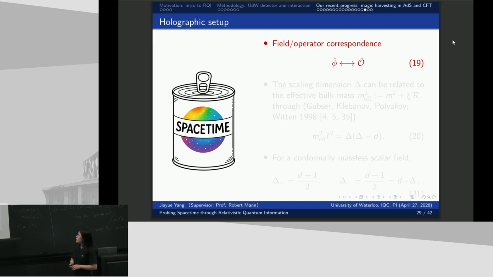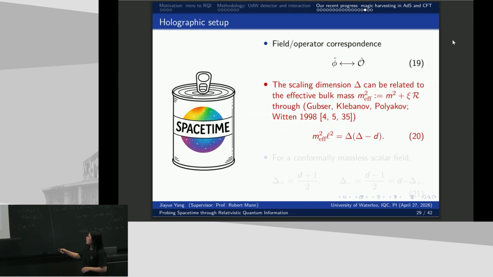So we use this to study the magic harvesting in CFT. And the scaling dimension can also be related to the effective mass in the AdS bulk. So the effective mass is just the mass of the field plus the coupling. So you get m squared L squared equal to delta minus d, where delta is the scaling dimension.